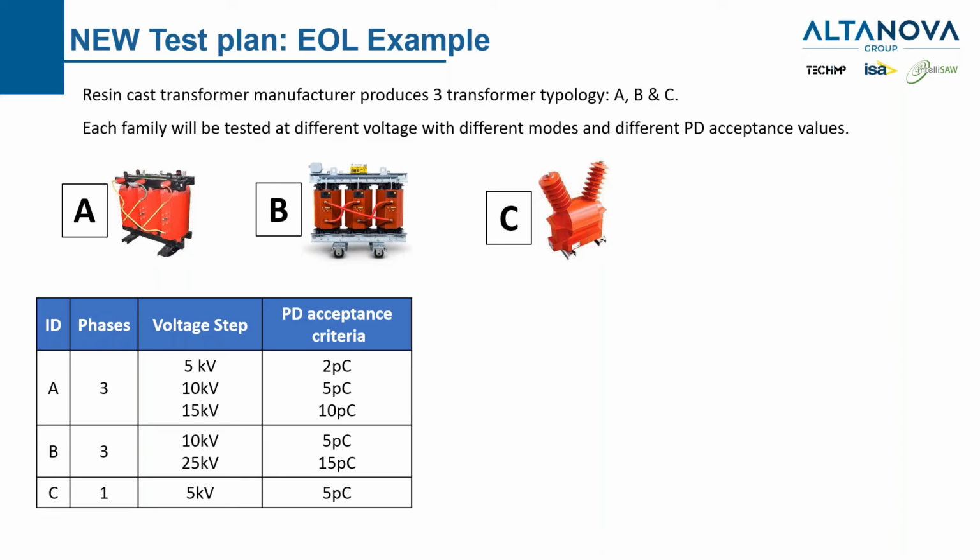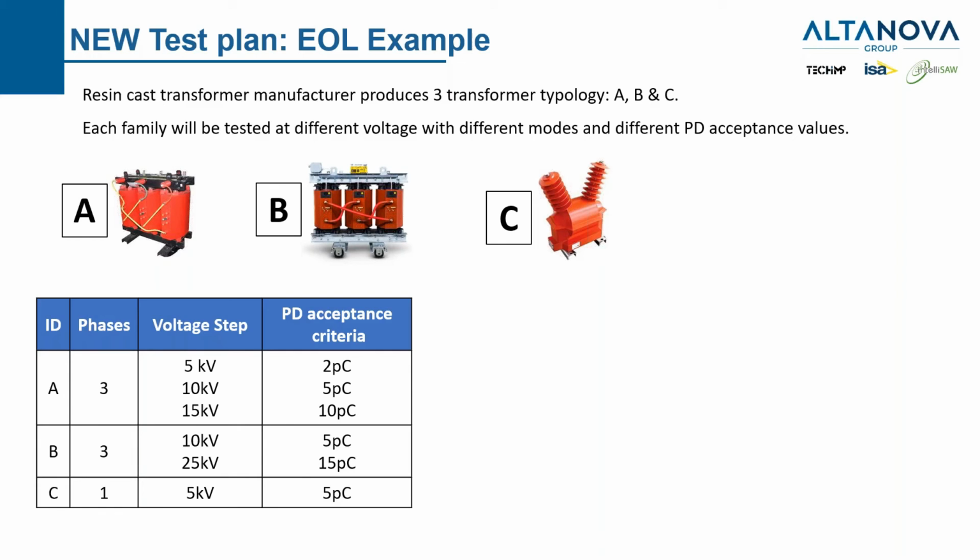So, for example, family A is 3-phase, so we have to measure 3 channels at 3 different voltage steps with related acceptance criteria of 2 picocoulomb, 5 picocoulomb, and 10 picocoulomb, while family B is always a 3-phase asset, but there are just 2 voltage steps, so we only have to test at 2 steps with 2 acceptance criteria.